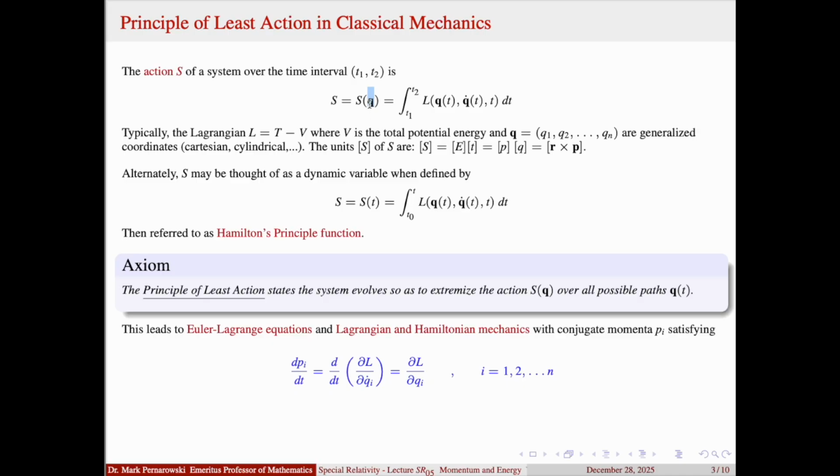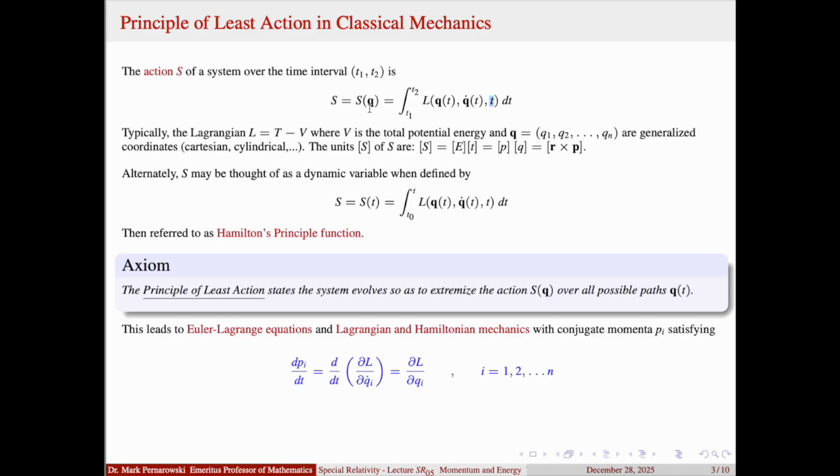Whatever Q is, however Q is evolving in time, if I have something called a Lagrangian, and it's a function of Q of t and its velocity Q dot of t, and perhaps t itself, and I just simply integrate that function, and I compute the value of it for a given Q, I get a value of S. So different paths give me different values for the action.